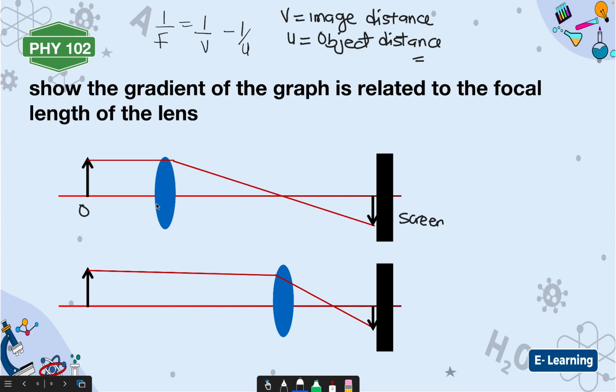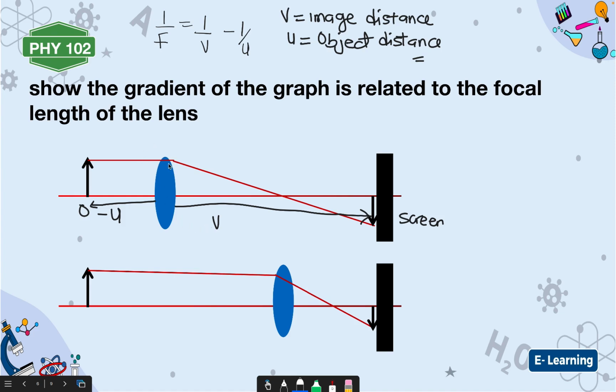You always take it from the lens to where the object is, in this direction. On the number line, when something is going in this direction, you call it a negative value. So this object distance will be negative u. Then from the lens to the image is the image distance, our v. So here is negative u, here is our v.